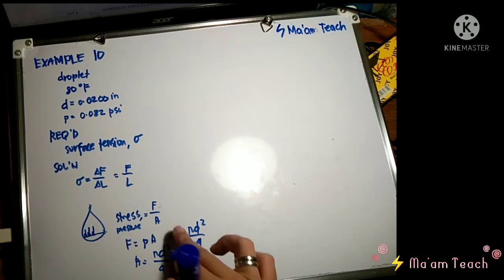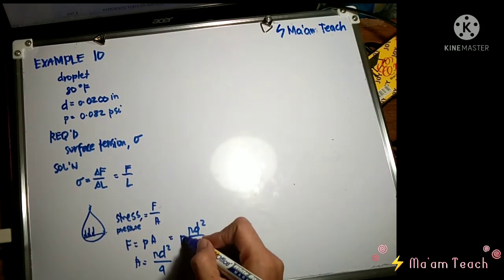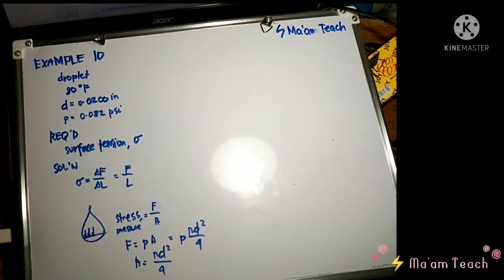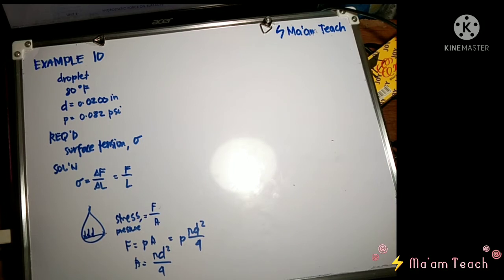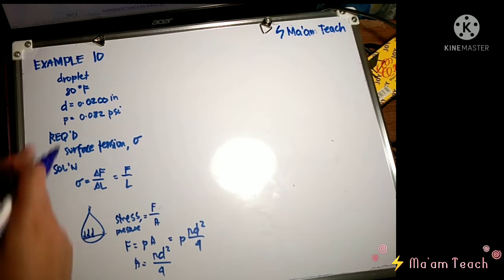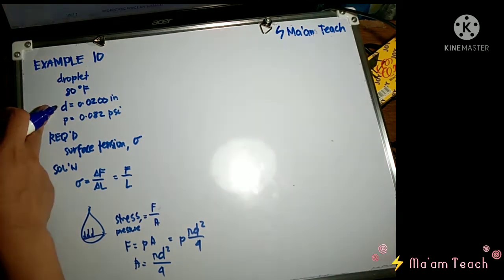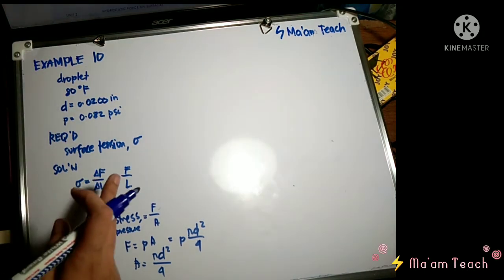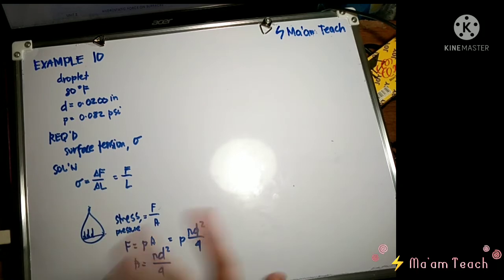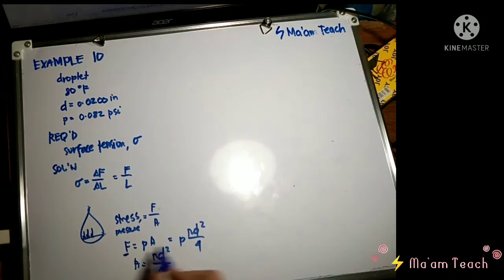This will be our equivalent of our force. Why are we doing this, class? It's because we have to express our variables in terms of pressure and diameter, since that's our given. We don't have the direct value of force and length, therefore we have to express it in terms of pressure and diameter. That's for the force, class.